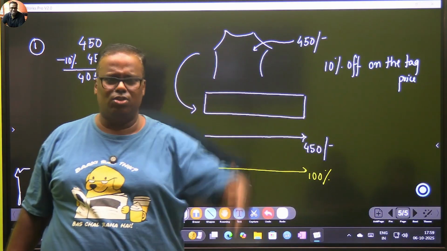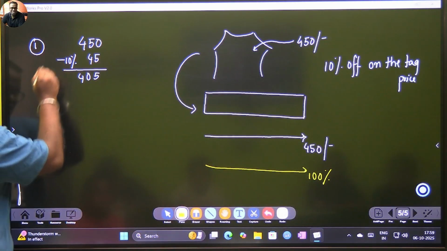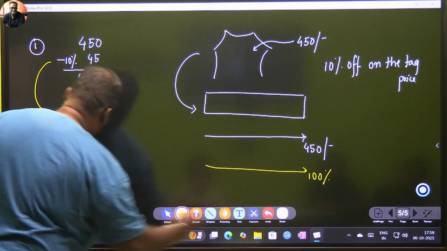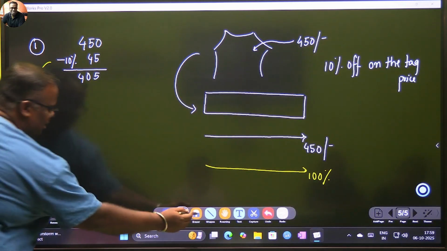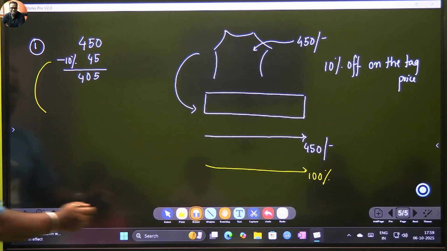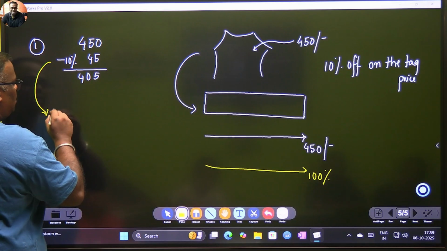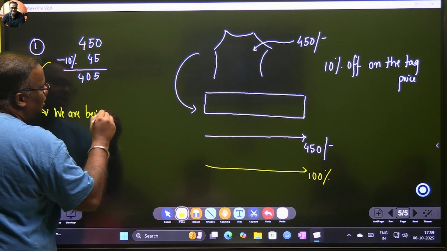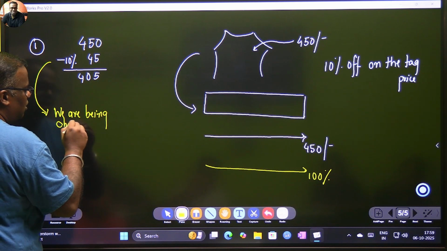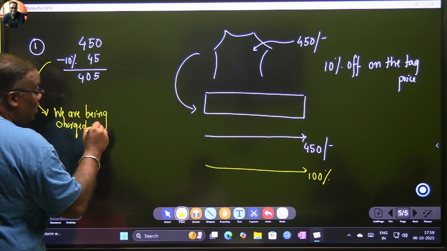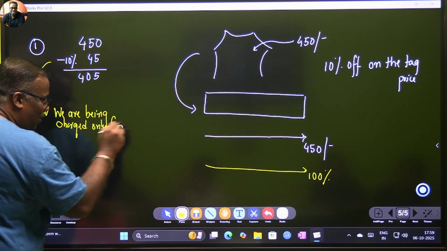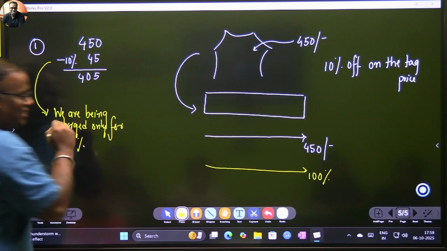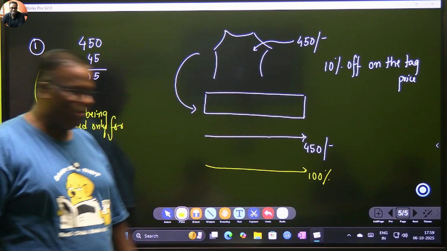So just ask yourself, when we say we are giving a 10% off, the other way of thinking is, we are being charged only for 90%. Very good, that's what I wanted to come from your mouth.